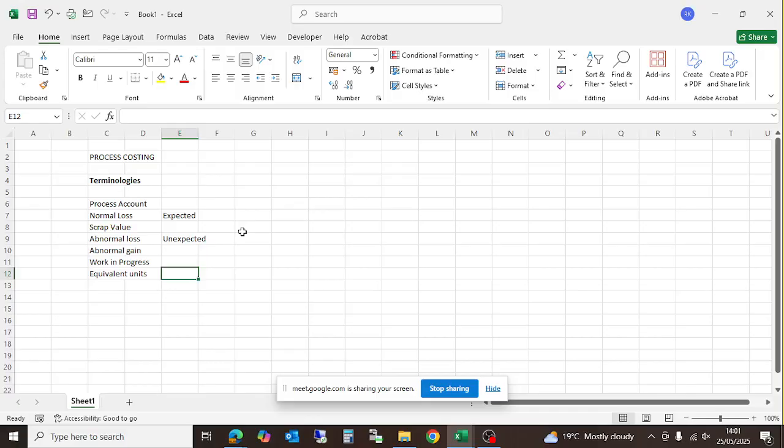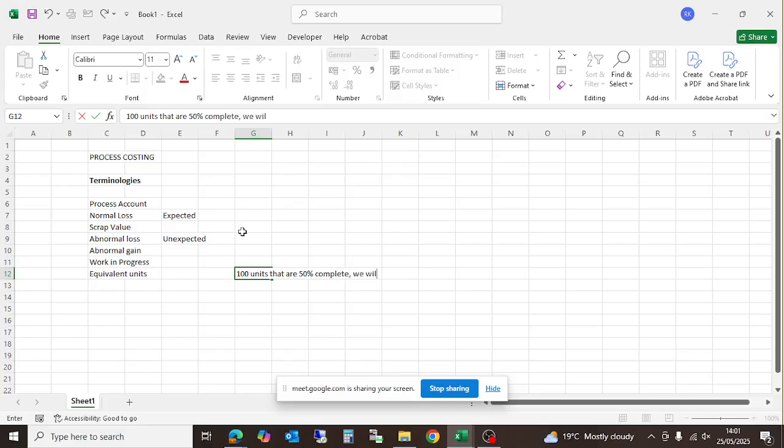An example can be if we have 100 units that are 50% complete, we will recognize them as 50 equivalent units. You get my point? Yes. And we also have the cost per unit. We need to understand how to find the cost per unit, but I'll show you all this in our question.